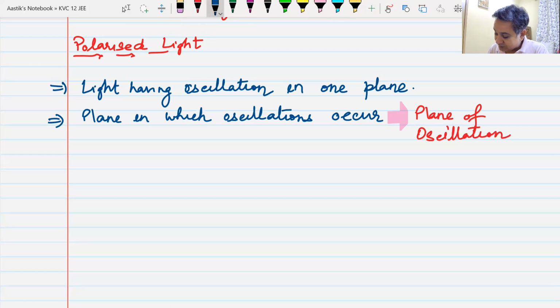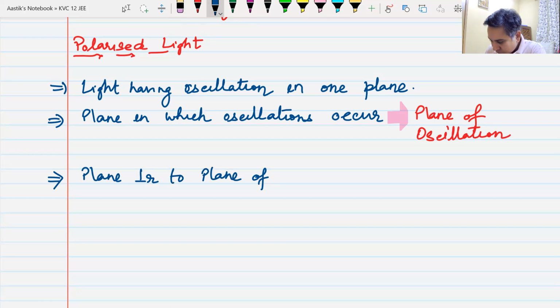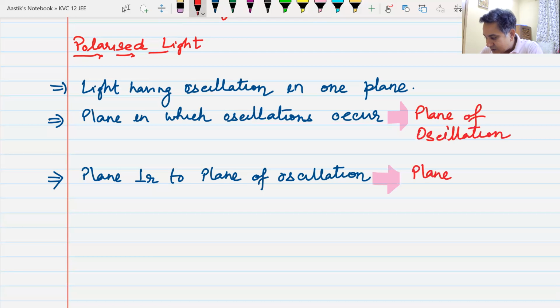The plane in which the oscillation occurs is known as the plane of oscillation. The plane which is perpendicular to the plane of oscillation is known as the plane of polarization.